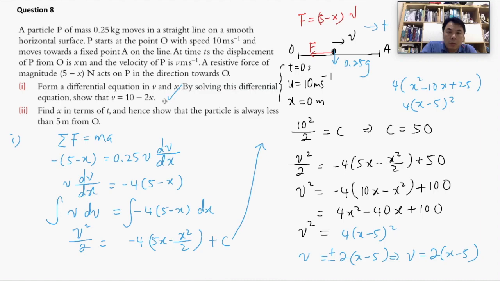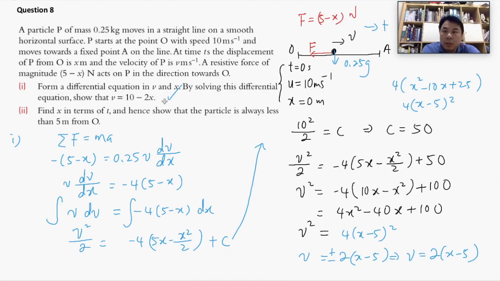So when x is equal to 0, v is equal to 10, so c is equal to 50. Why is v negative in this case? Let me read that one more time in case I made a mistake.